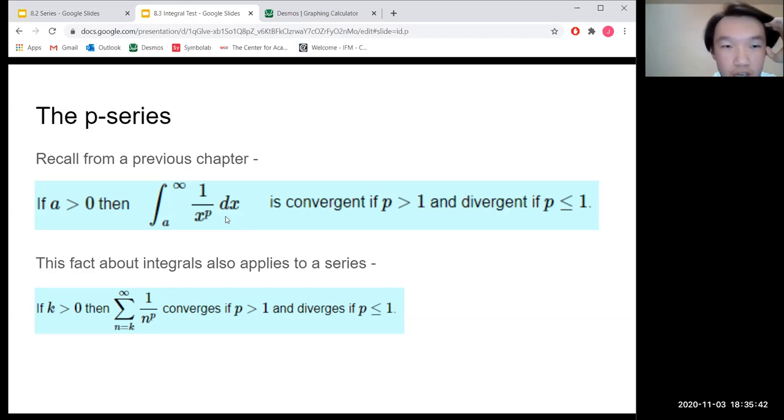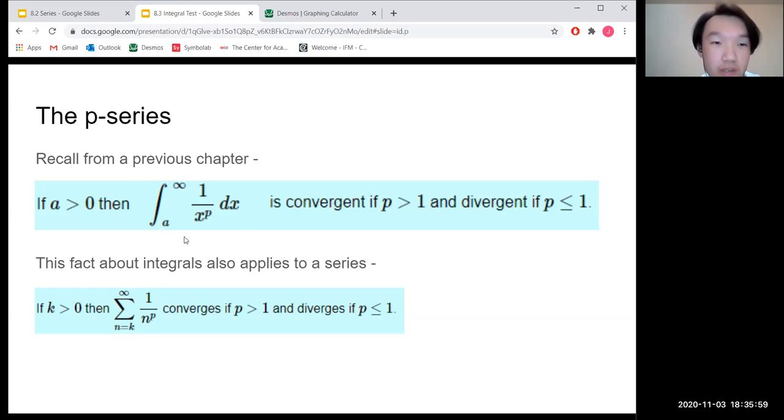And if the exponent was smaller than 1, then it was divergent, because the area got a little bigger. So this integral was used a lot in that chapter.